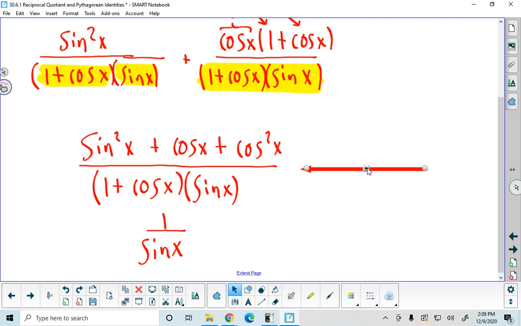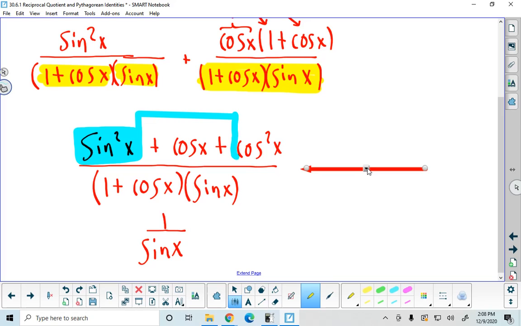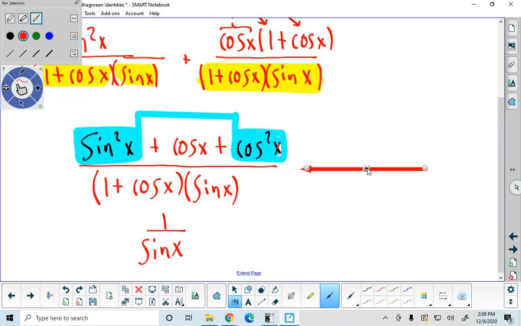If you go back to that list now, one of the things it tells you to do is to keep your eyes peeled for known identities. And there is, on the top of this fraction, sine squared of x plus cos squared of x. And sine squared of x plus cos squared of x is 1.